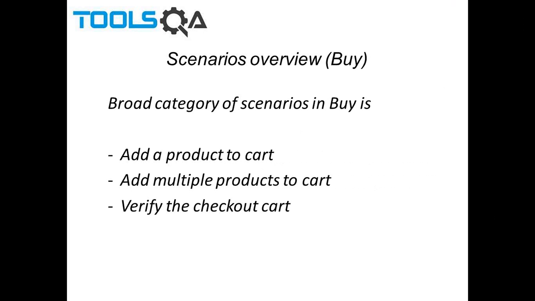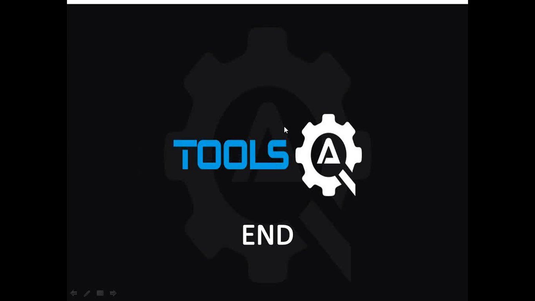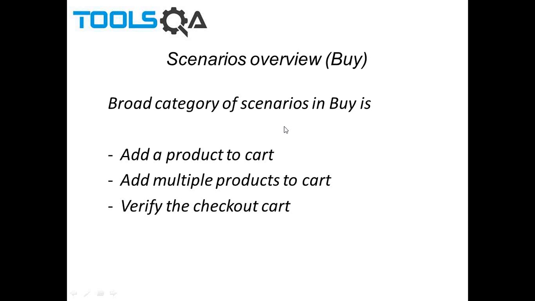So after this, we will move on to the buy section. In the buy section, we will try to add a product to a cart, add multiple products to the cart, and then verify whether the products are properly added or not. And after that, that's pretty much it. So this is what we will be doing in the frameworks.